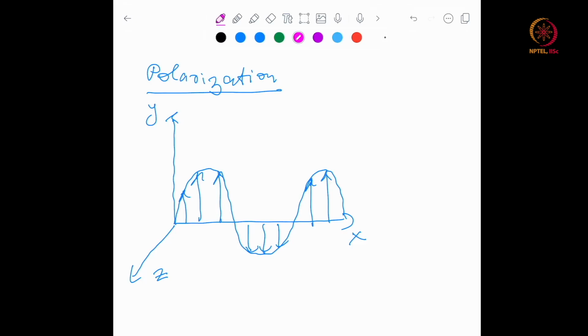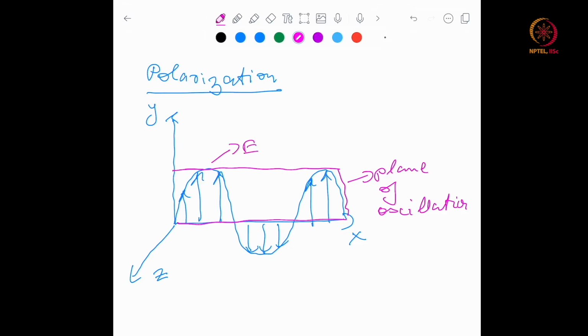So this is like the plane of oscillation, of the electric field, E. There is obviously the magnetic field as well, which let me represent like this.